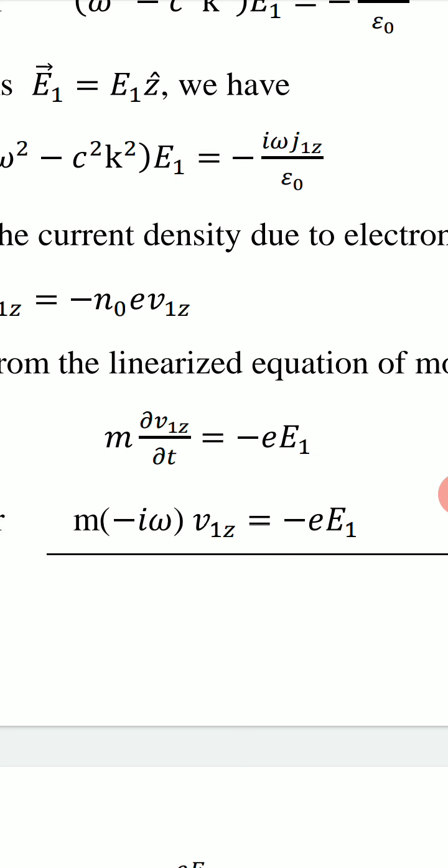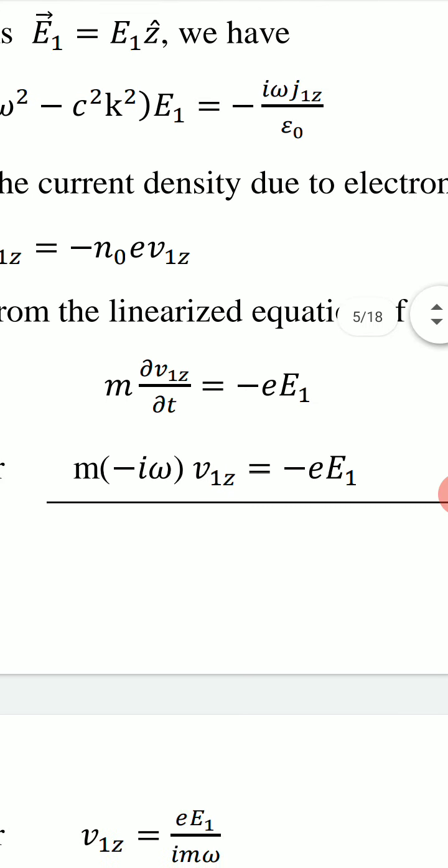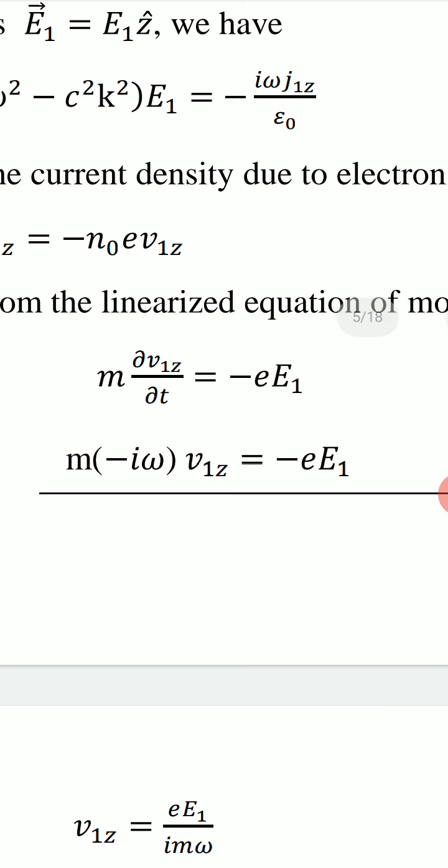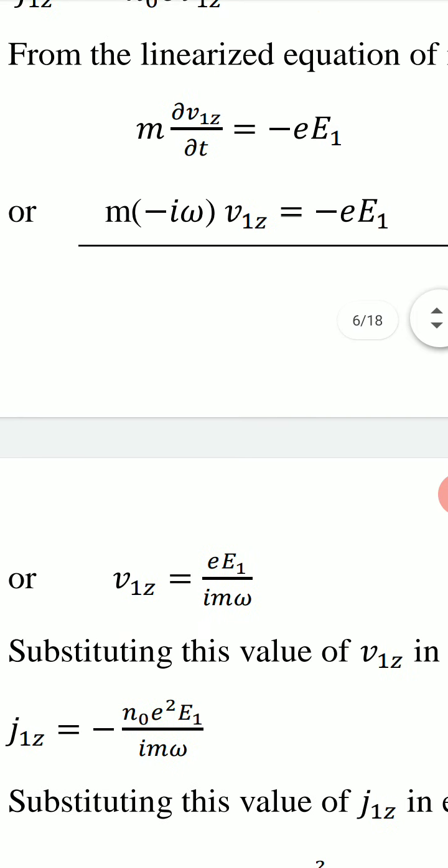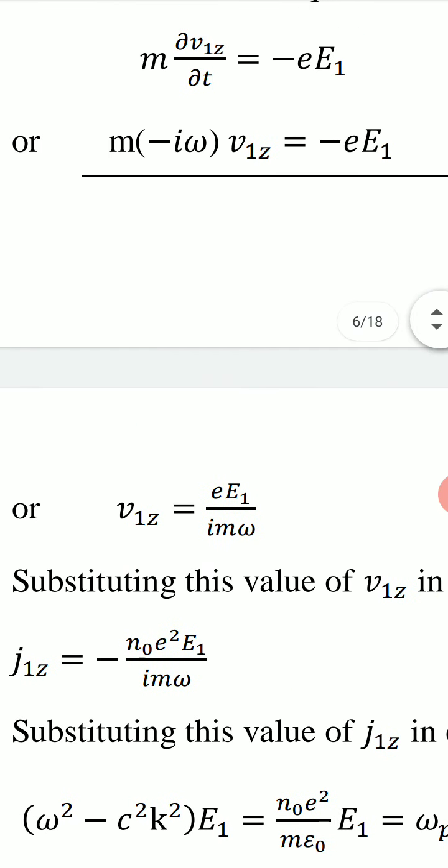Mass into acceleration equal to force, and force on electron is minus e E1. E1 is also along the direction of z axis. Delta upon delta t is equal to minus i omega. So we have m into minus i omega V1z equal to minus e E1. This gives the value of V1z equal to e E1 upon i m omega.